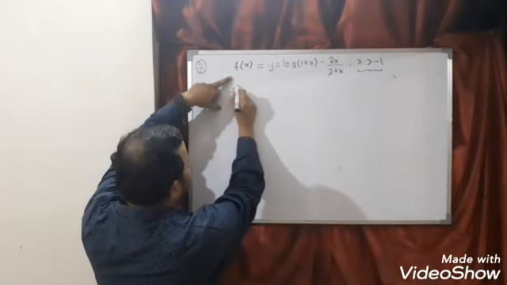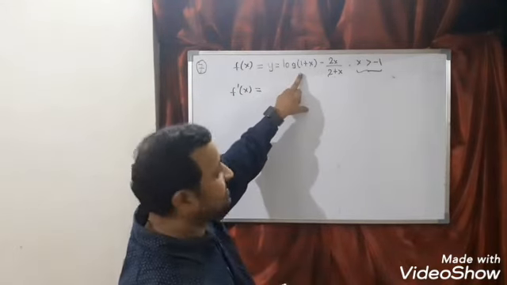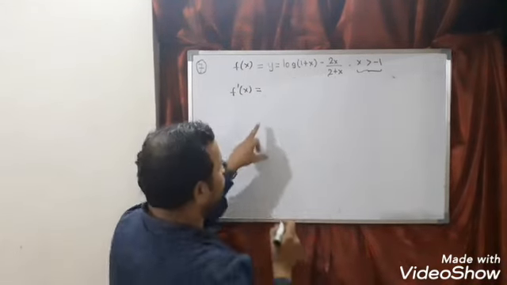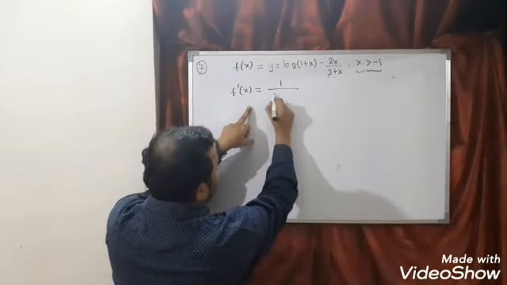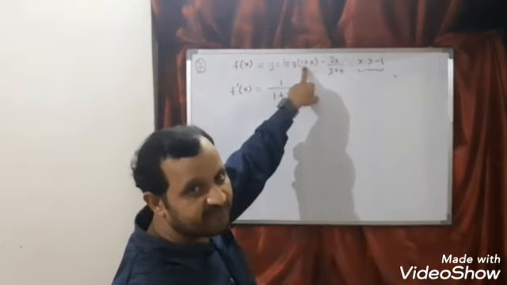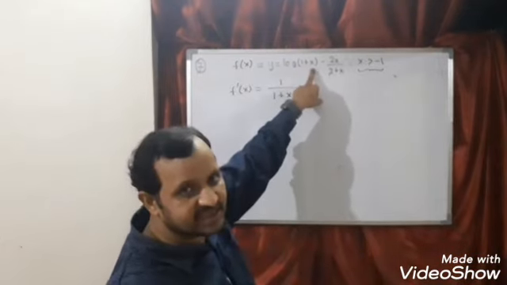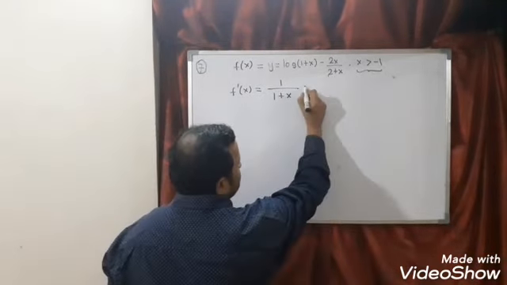Apply the working step. f of x is given. So the first step is what? Find f dash x. Log x, what is the differentiation of log x? 1 by x. So this I can say 1 divided by (1 plus x) into the differentiation of (1 plus x), which is 1, minus.